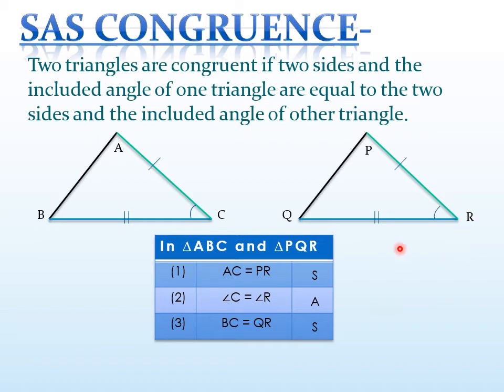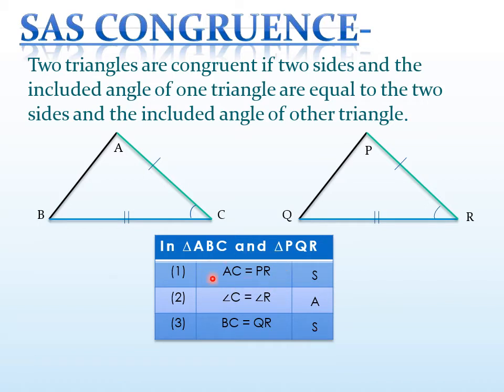From here what we can see is two sides of this triangle are equal to the two corresponding sides of the other triangle. And also the angle between them, or included between these two sides, is equal to the angle included between the corresponding sides. So since we have these two in between the corresponding equal sides, we can apply this rule.